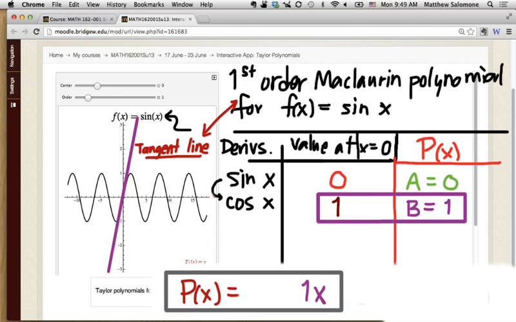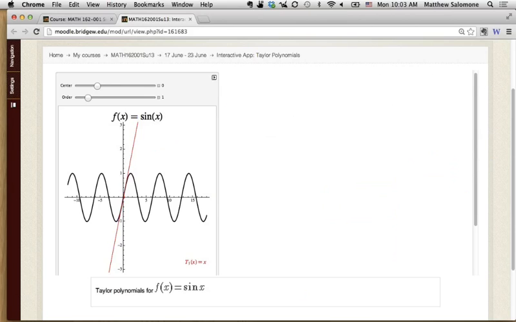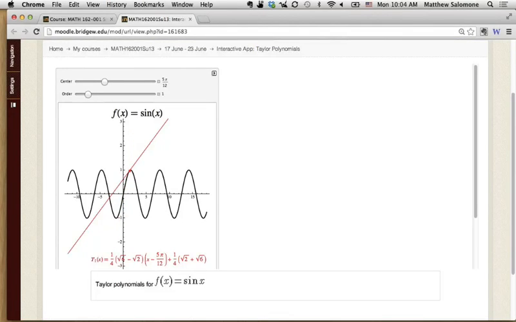So the first order Maclaurin polynomial, first order Taylor polynomial, those are the same things as the tangent lines to our function. Changing the center point of our series, in other words, the point at which we're finding all of these derivatives and matching them, is just going to give us a different tangent line.